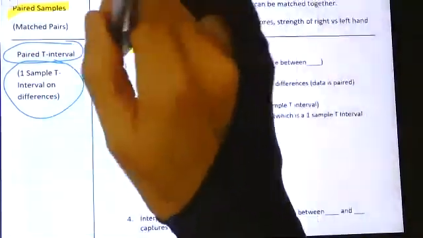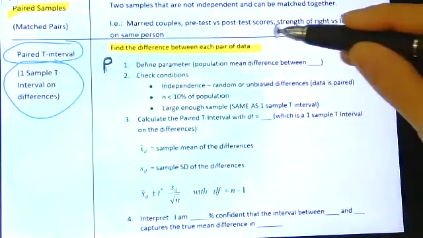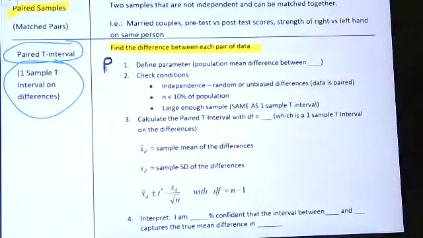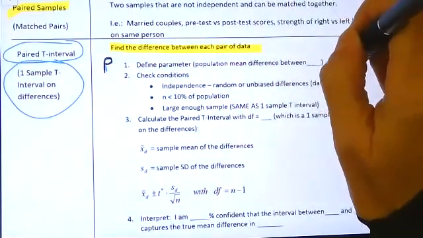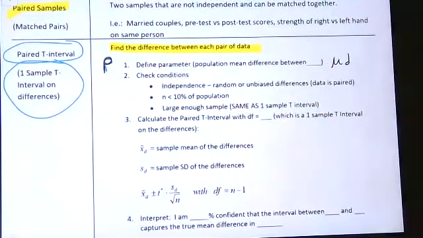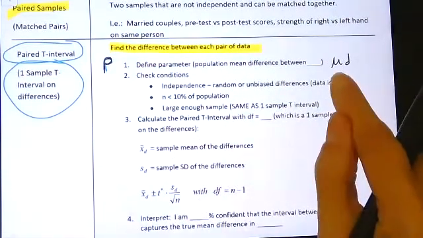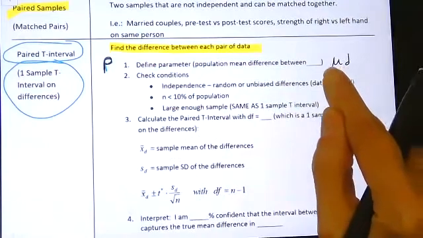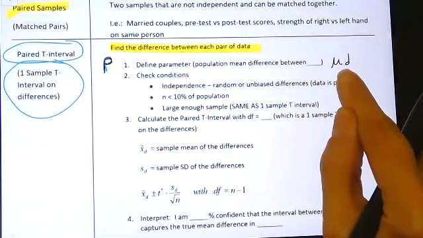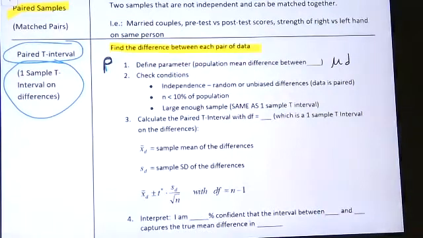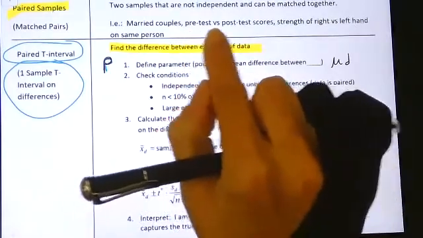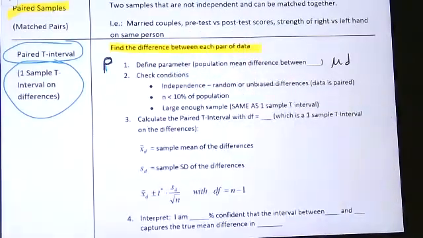There's our P, and we're doing our PANIC here. So here's our P, and our parameter will be the population mean difference between, whatever. You can call it whatever you want, but that's a common way to call it, mu sub d, mean difference. So the difference in heights between a husband and wife, for example, or the difference in strength between someone's right hand and left hand, or the difference between someone's post-test score and pre-test score.